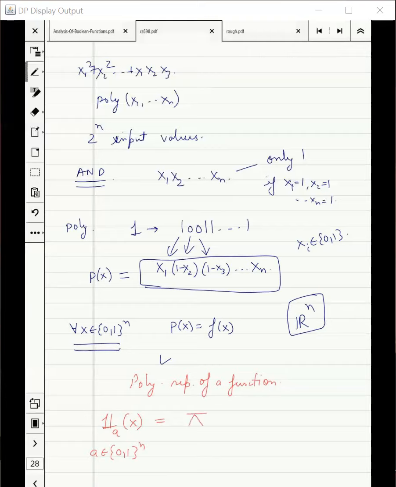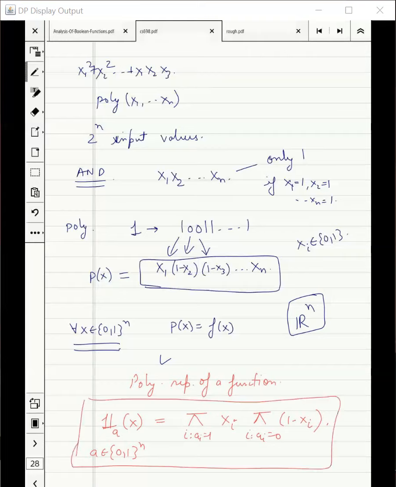It is the product over i such that ai equal to 1 of xi, times the product over i such that ai equal to 0 of (1 minus xi), as suggested. So for these special functions which are one only at one place, I can write the polynomial representation. Any doubts about this? This is simple, right? Is this okay?